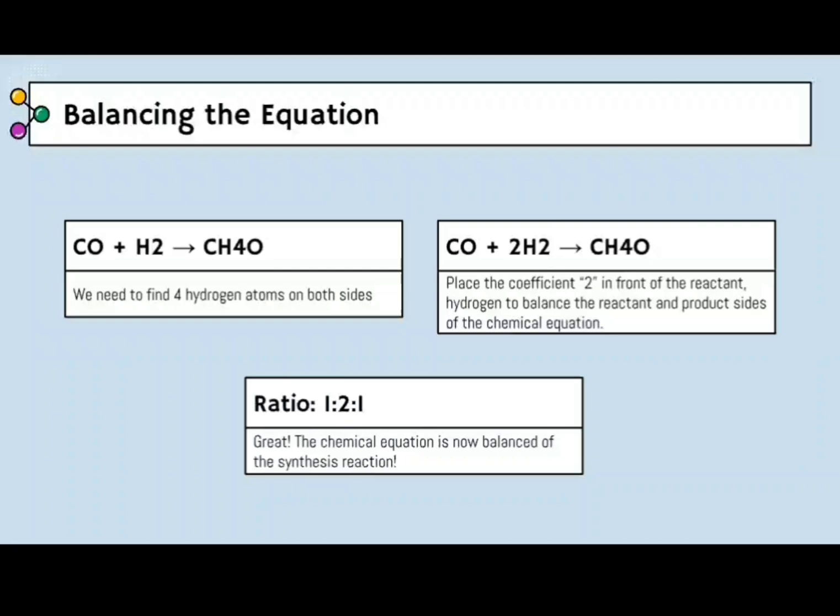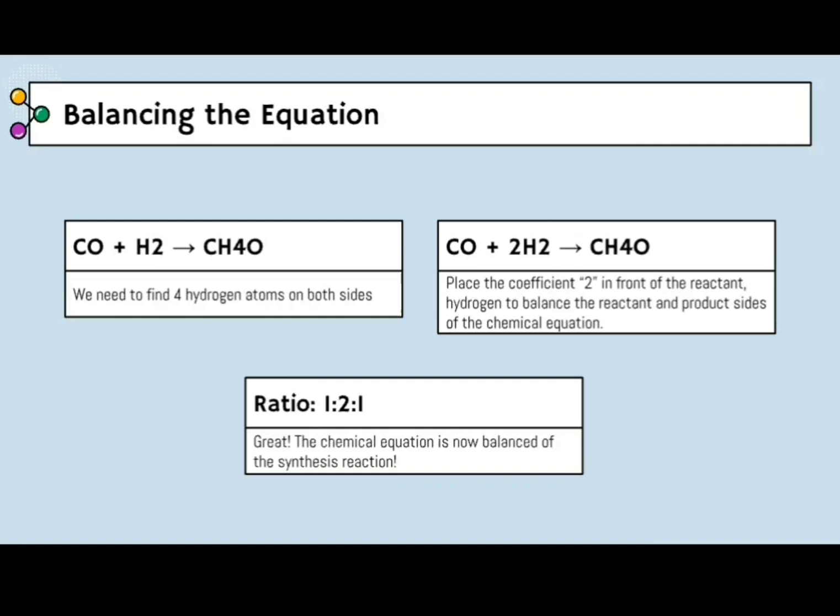So in order to balance it, we must find a balance in these hydrogen atoms, since our carbon and oxygen on both sides are already balanced. On both reactant and product sides, there is 1 carbon and 1 oxygen. So the only difference between the reactant and the product is the hydrogen.